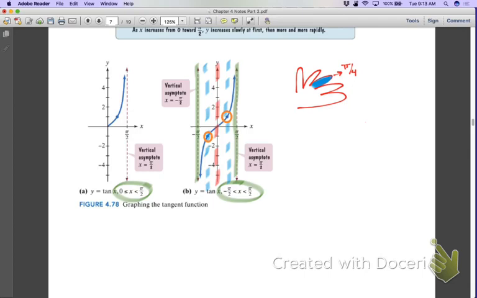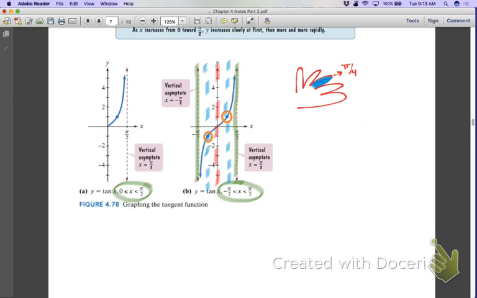Now, your right side will always be whatever number. The right half of a half, or the right 3/4, is whatever number is in front of your tangent value. So if it's a 3, I'm going to go over to that 3/4 mark, and I would go up to 3.